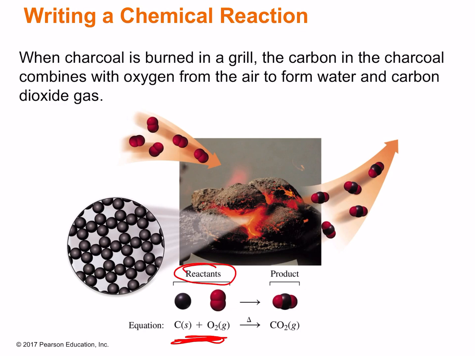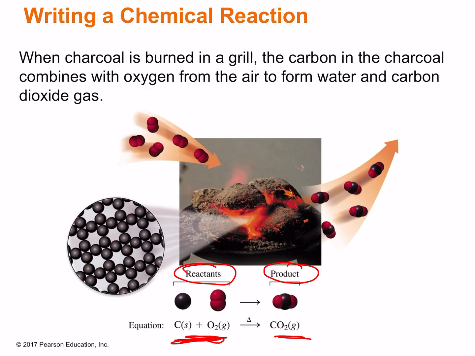The stuff that is doing the reacting, we call the reactants. The stuff on the right side, the stuff that is made during the reaction, we call the products. So instead of continually saying the left side and the right side, we can say reactants and products.